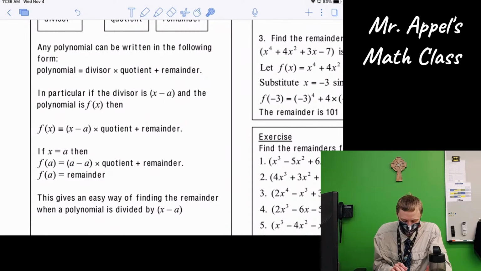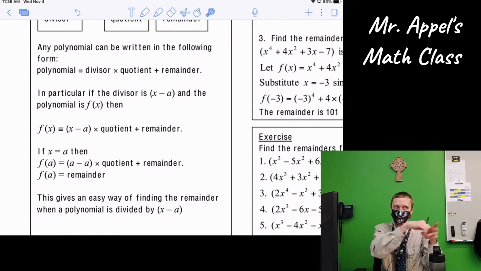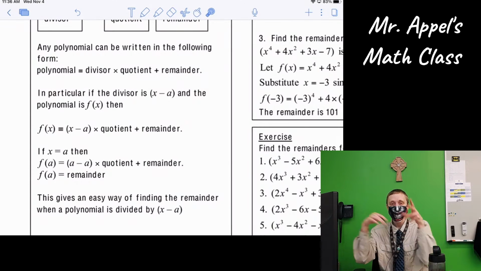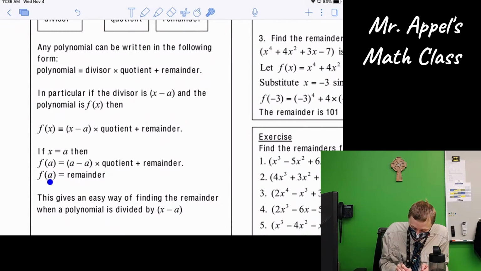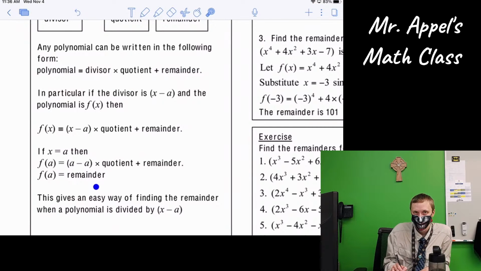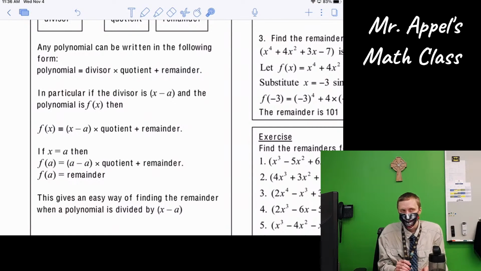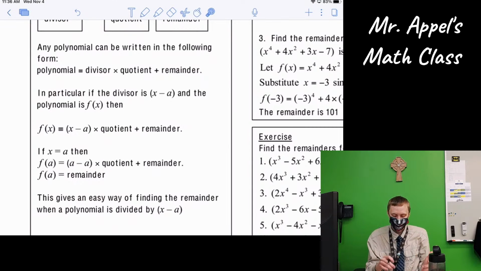So even if this wasn't a proper 0, the same rule applies, and f of a equals the remainder. Just like if it's a proper 0, f of a would give me 0. So you can use these interchangeably no matter what.